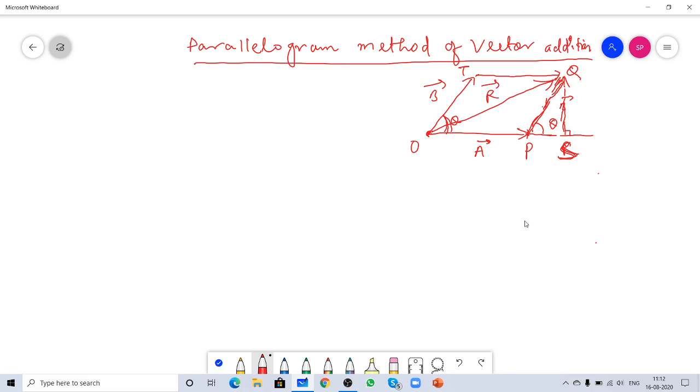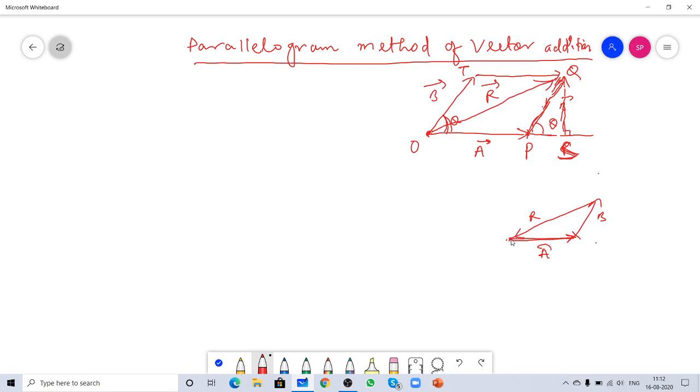You can think of your concept of the triangle law of vector addition. Suppose this is your vector A, this is your vector B, then the third vector, if I write this as your R vector, then they are in order, because the head of one vector is attached to the tail of another vector. So these three vectors are in order.